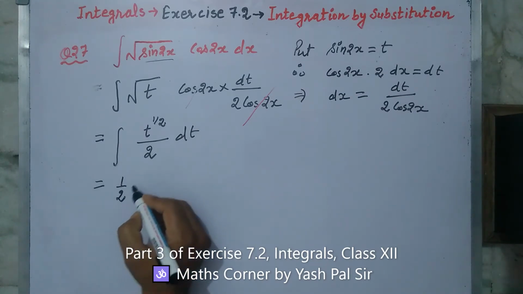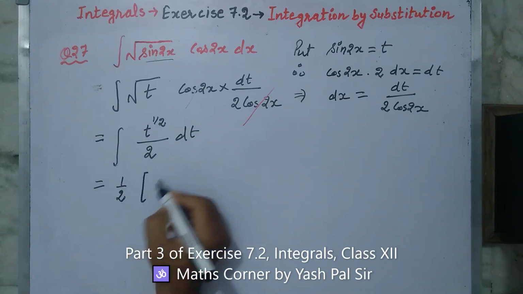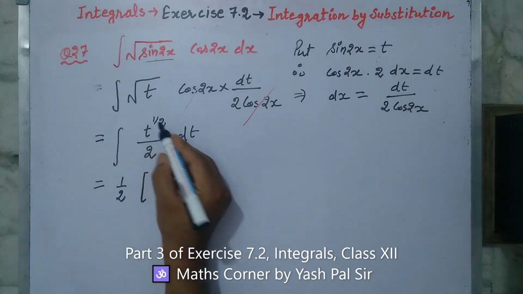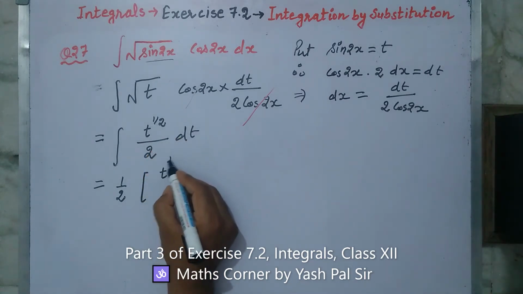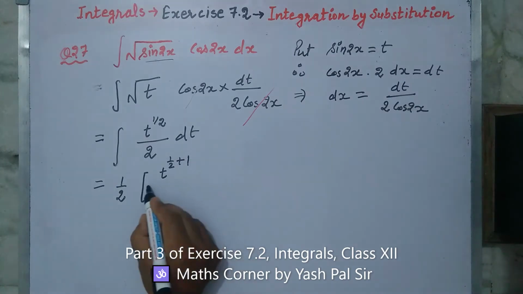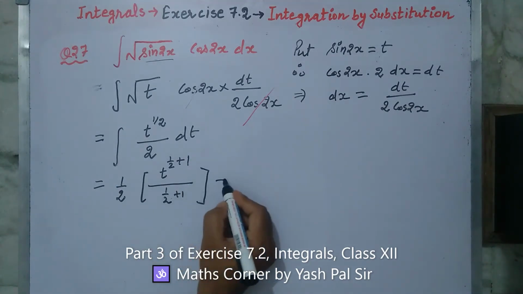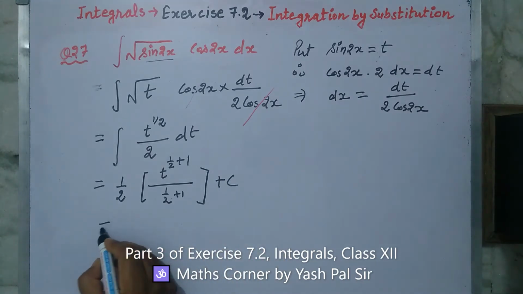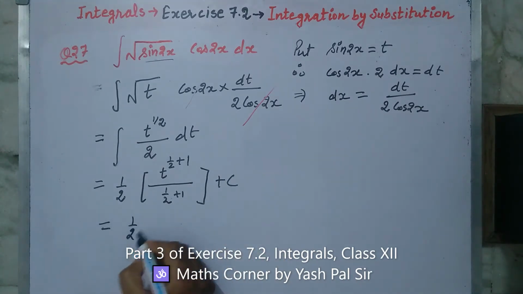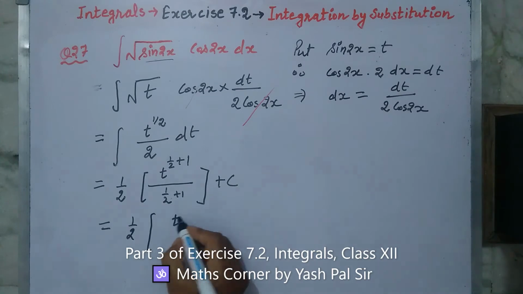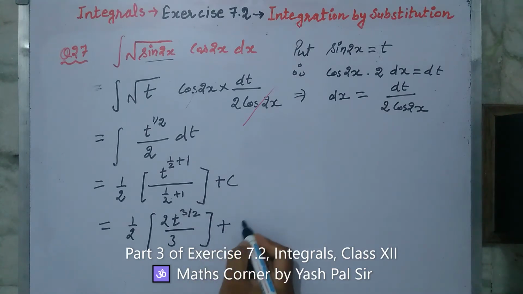So this is equal to, taking 1 by 2 common, the integration of t raised to power 1 by 2, which is t power 1 by 2 plus 1 upon 1 by 2 plus 1, plus c. So this is equal to 1 upon 2 into t raised to power 3 upon 2 upon 3 upon 2 plus c.